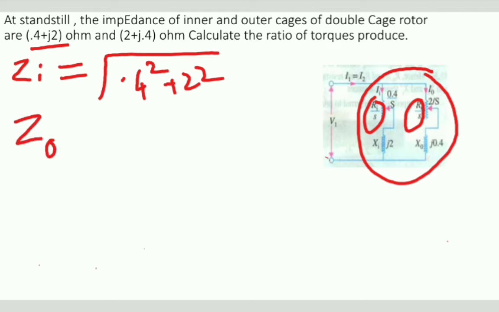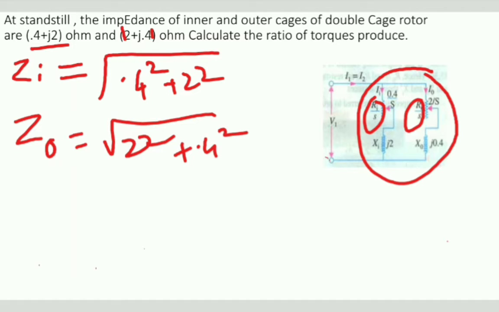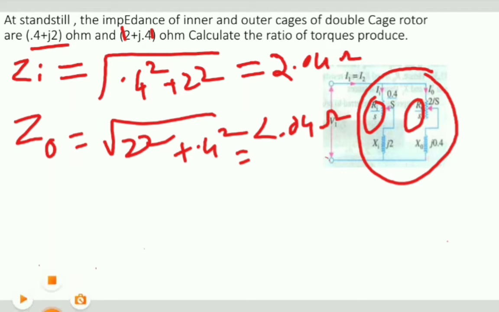Then the outer cage impedance will be the root of 2 square plus 0.4 square. The answer is 2.04 ohm, and this is also 2.04 ohm. So we have found the impedances.